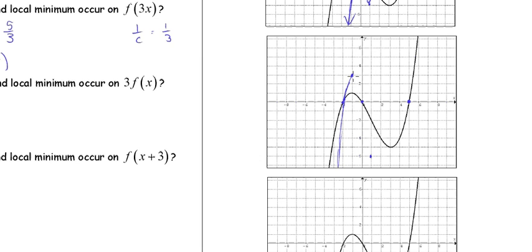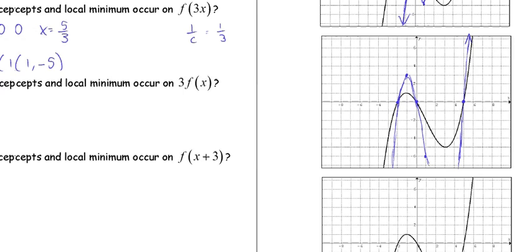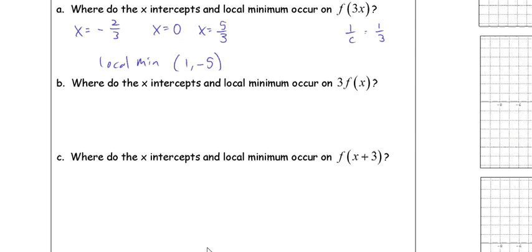It's been stretched, so you go way down below and then on up. It's been stretched by a factor of 3. The x values are all the same. Nothing has changed on the x values, so our roots are all the same: x equals -2, x equals 5, and x equals 0.